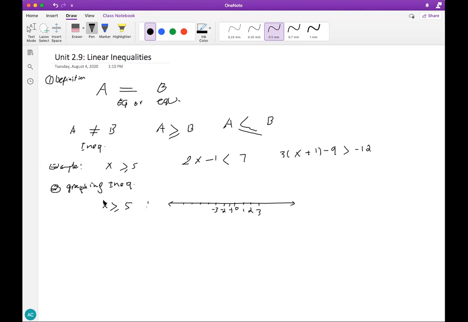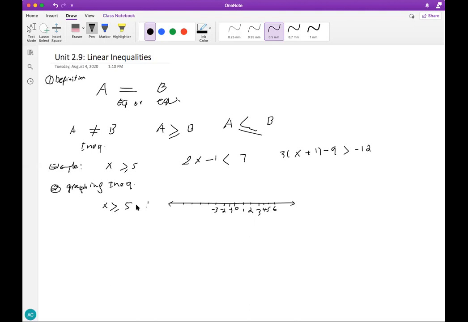So when you say, give me numbers that are greater than or equal to 5, what number would you start from? What's the first number you would give me? 6.